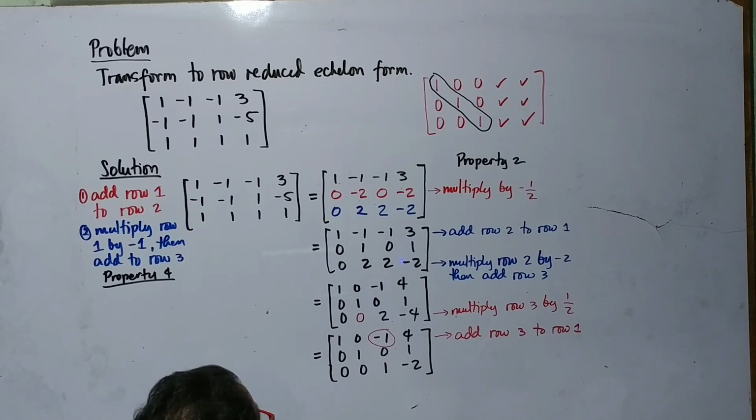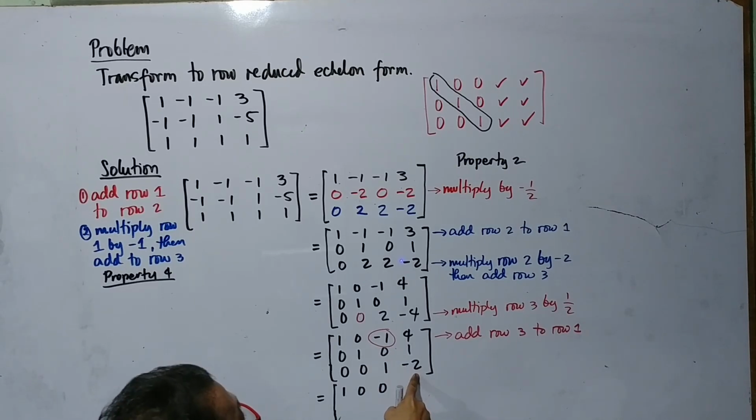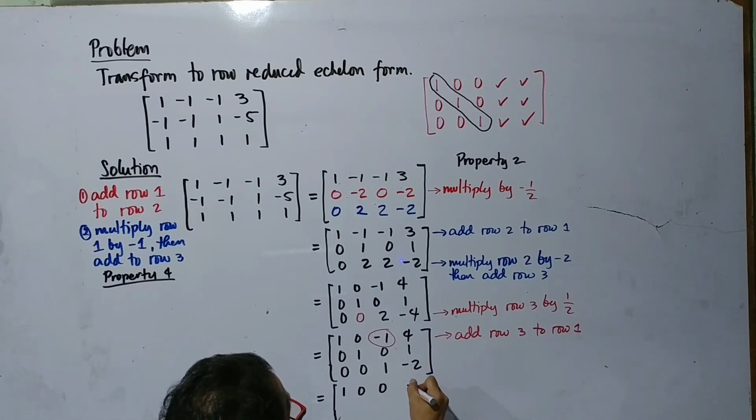So we have now 1, 0, add row 3 to row 1. So 1 minus 1 equals 0. Negative 2 plus 4, we have 2.